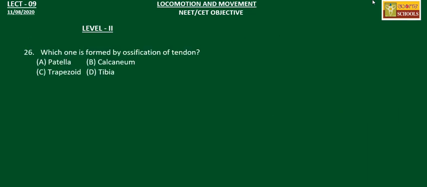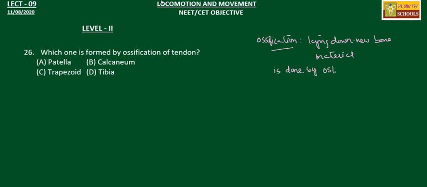So the next question, which one is formed by ossification of a tendon. Ossification means laying down of new bone material, and this is done by osteoblasts.